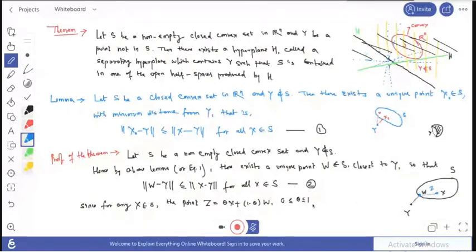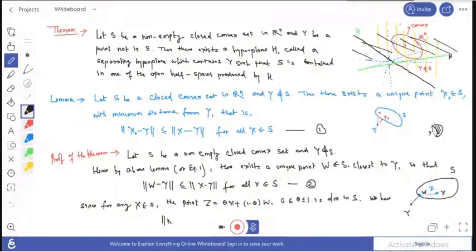So you can say that this point z is also in the convex set S. Because z also belongs to S, the distance w minus y is less than or equal to z minus y.